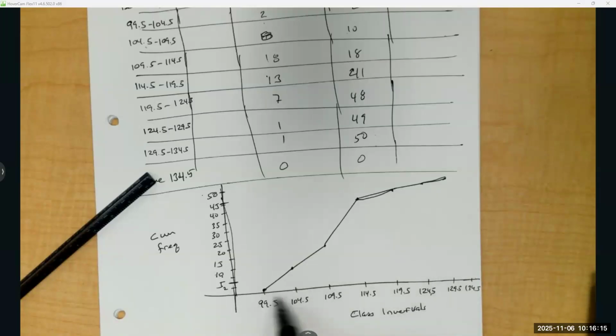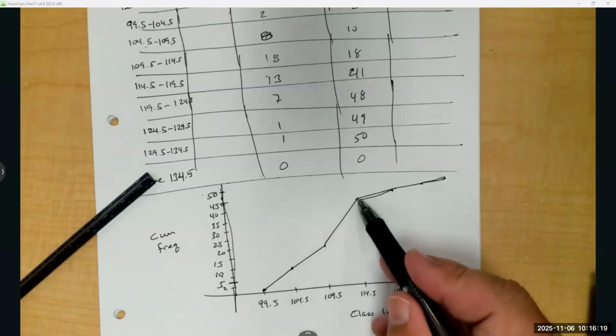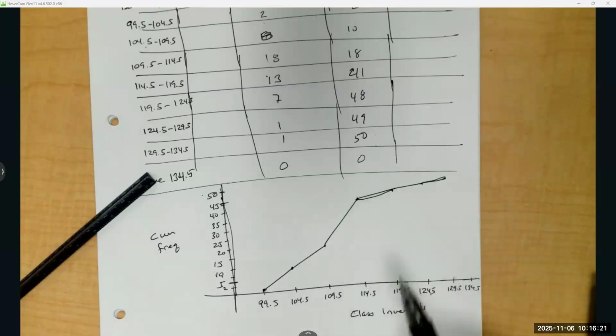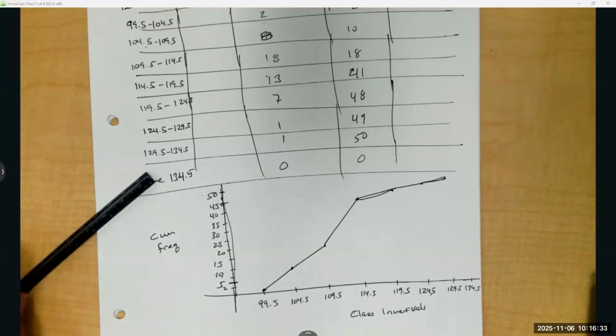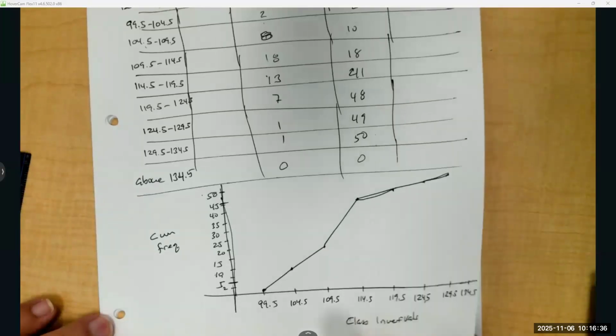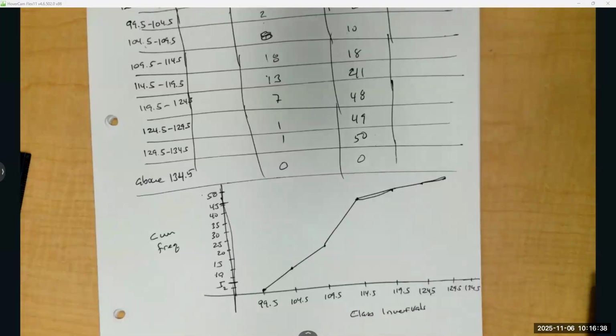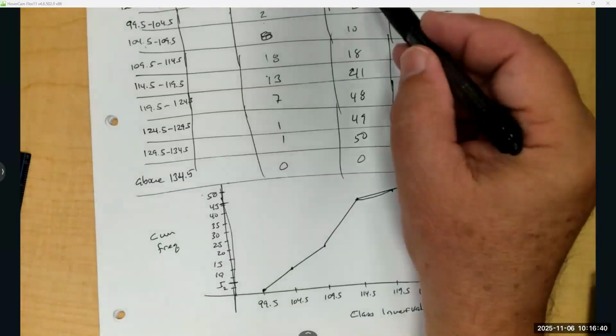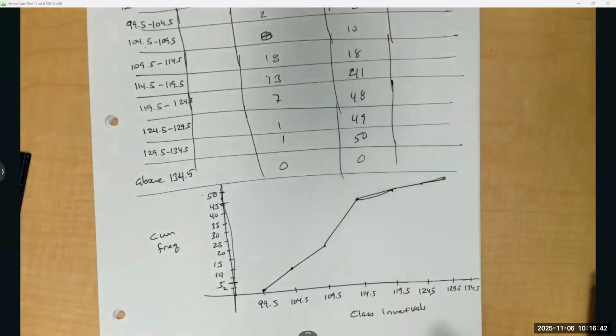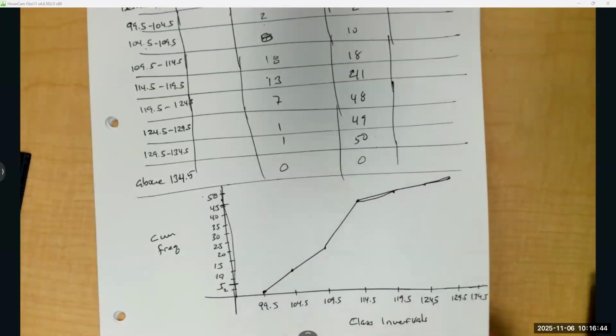Between the first interval, it has this increase, then this increase, and all of a sudden it jumps up. So the more steep the line, the more it increases, and the more shallow the slope, the less active it became. So yes, it's a rate of change that you're looking at. So the ogive is you have to get a cumulative frequency and then plot those at the beginning points.